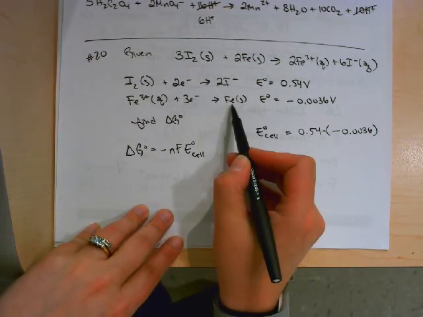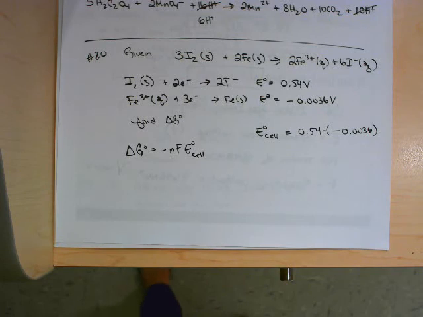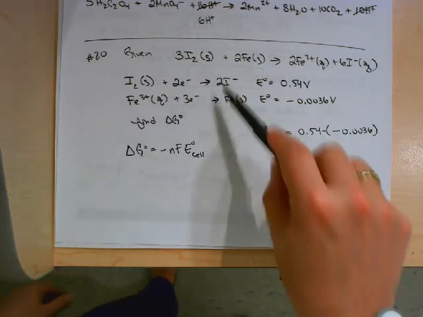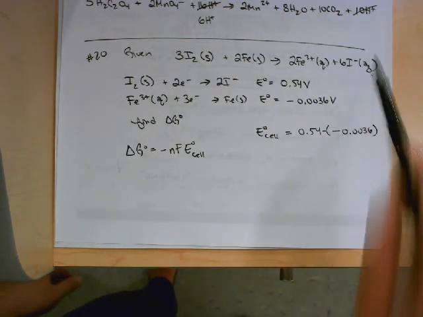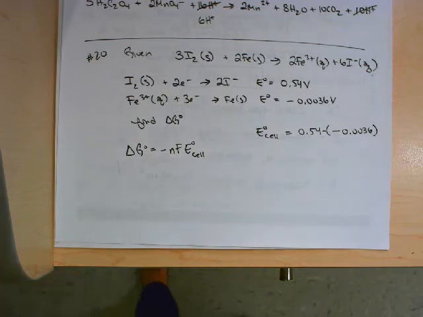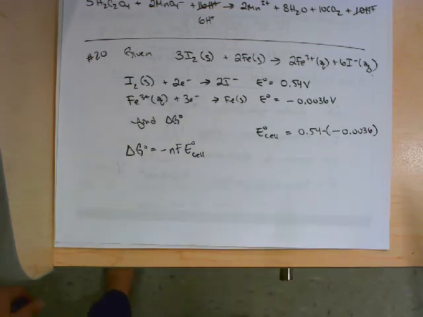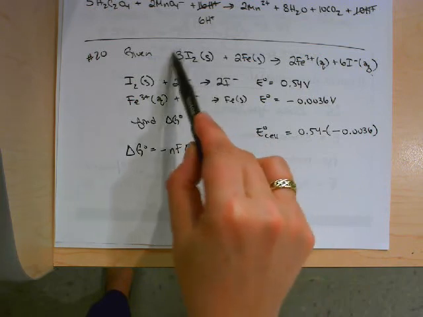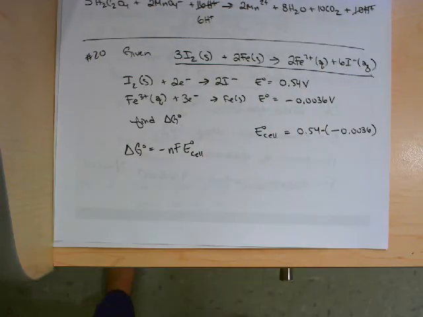Oh, you're looking at this? They are always written as reductions in the table. Always, always. So it doesn't matter what they're doing down here, you have to look at the original equation. Just like on the table, they're always going to be written as reductions. You have to know which one is the reduction, which one's the oxidation in your original equation.